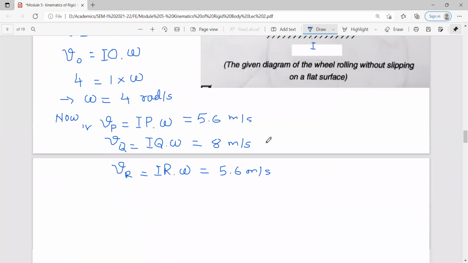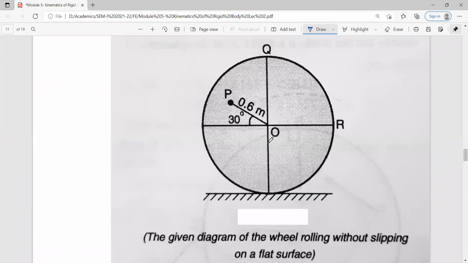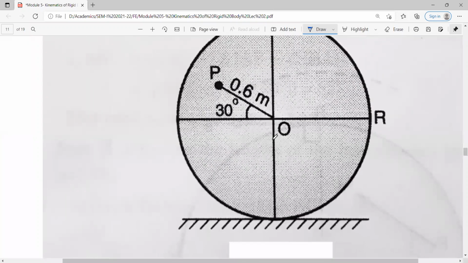दूसरा डायग्राम देखते हैं. What we know, हमने यहाँ पे क्या किया, point I लिया और we draw the radius of point P like this. And we know that point P का velocity is perpendicular, इसको perpendicular, and I draw one horizontal like this.